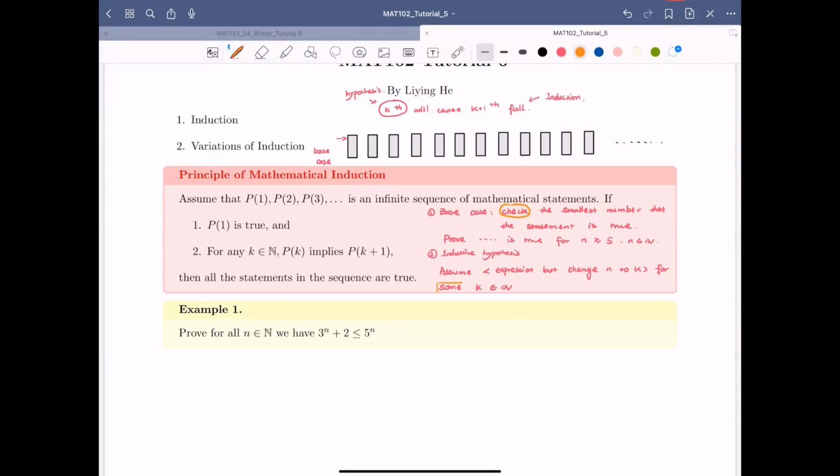Keyword: some. It's always for some k in natural numbers. Always for some, never for all.